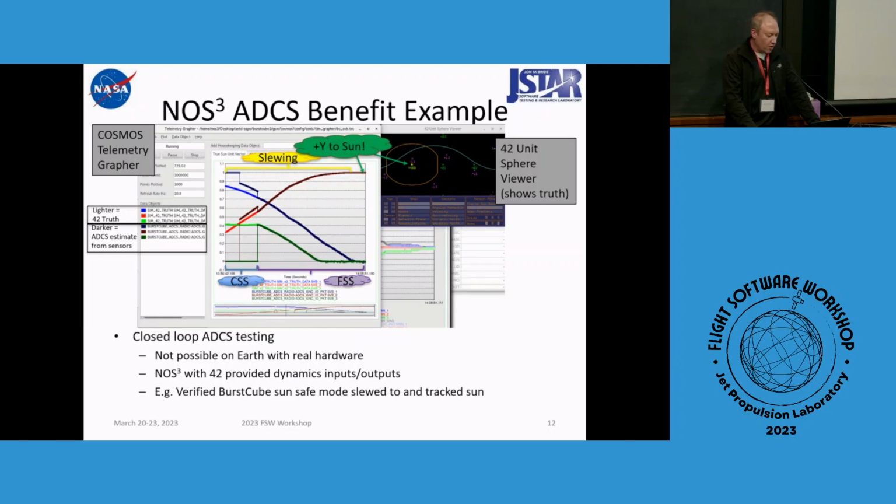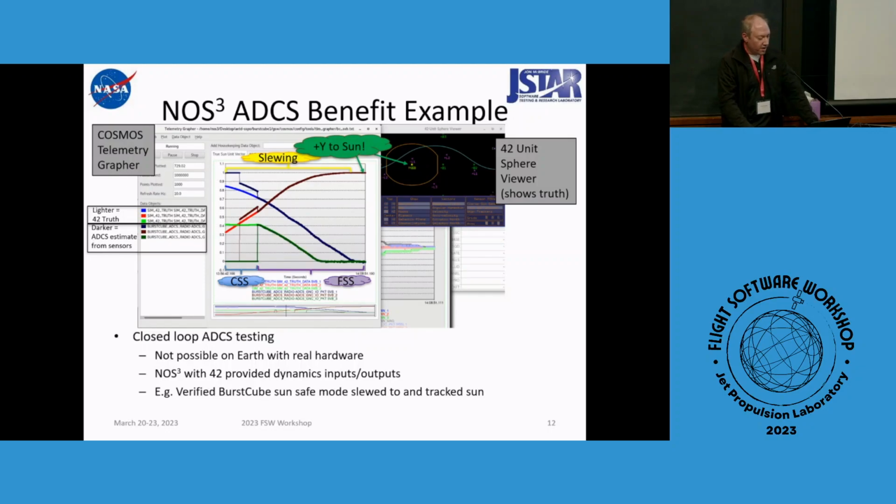And then you can watch the plus y axis that's labeled there, and you can see that it slews the spacecraft up to track the sun. And that's where you see the plus y to the sun at the top. So we were able to verify in NOS3 that BurstCube would be able to slew and enter its sun safe mode after initial tip-off from the launch vehicle.